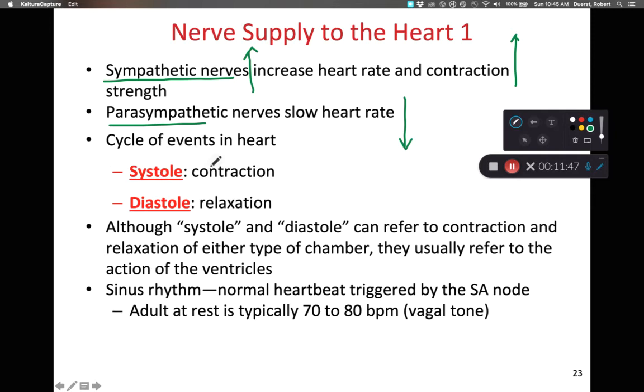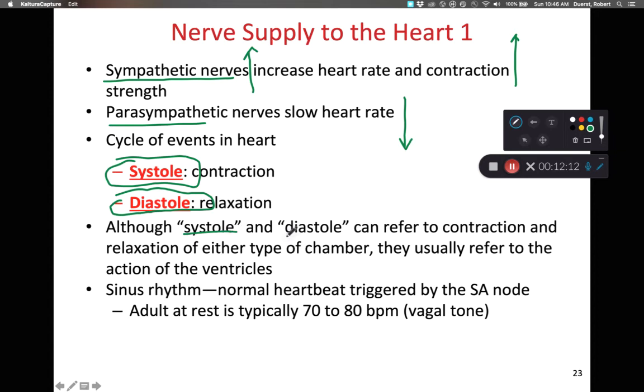When we have a contraction of a chamber of the heart, we refer to that as systole. Systole means contraction of a chamber of the heart. So if we have atrial systole, the atria are contracting. Conversely, we have diastole. Diastole is typically going to be relaxation, so we can have ventricular diastole, relaxation of the ventricle.